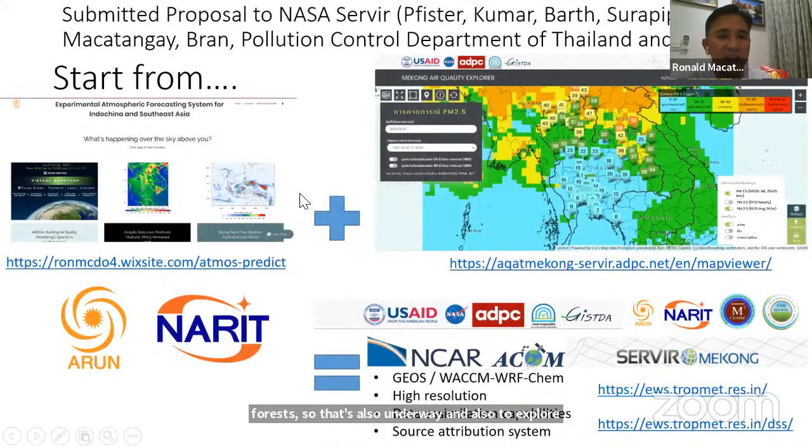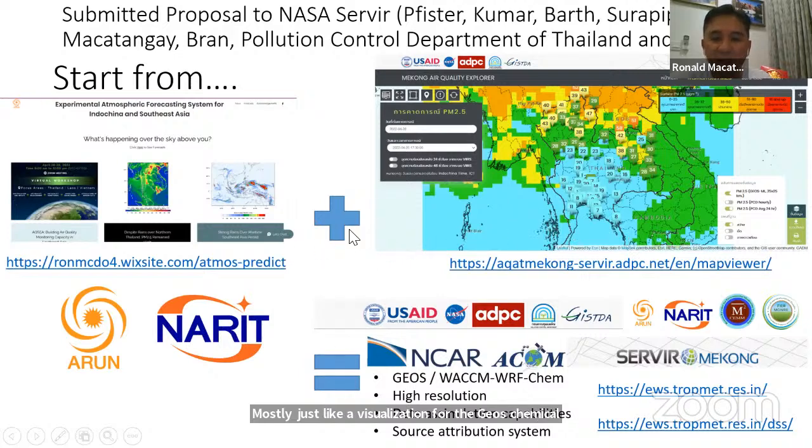Also for the next step, together with NCAR, we submitted a proposal to NASA Surveyor. We start from this system that I showed you, together with the current system that's available here in Thailand, which is mostly just a visualization for the GEOS chemical weather data.